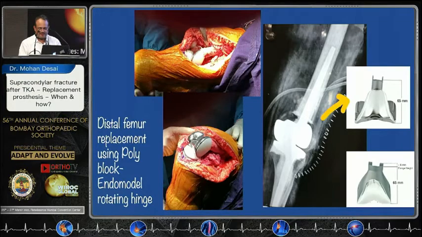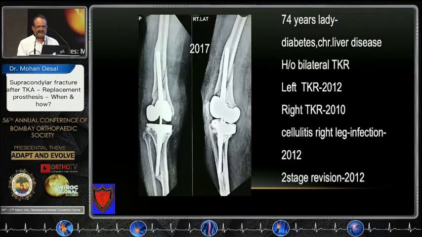Another example, a 74-year-old lady, diabetic, with chronic liver disease, had bilateral total knee replacement. The left one was done in 2012, the right one in 2010, but immediately after the surgery she had some sort of cellulitis infection. She had to undergo fasciotomy, and this was in 2012, and she underwent 2-stage revision in 2012, and she presented in 2017 like this.